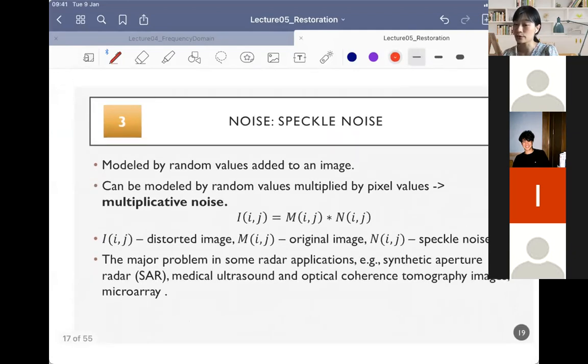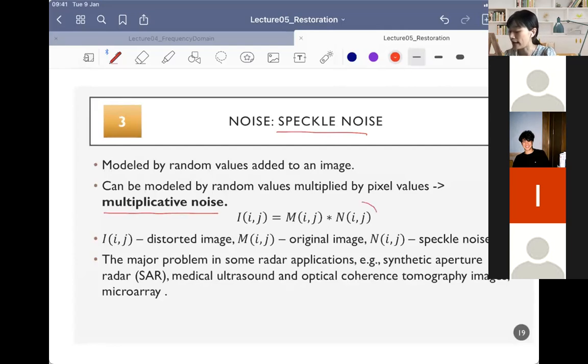And the third one is the speckle noise. The speckle noise is different from the previous noise, because in the previous noise, the image has had random noise values added to it. But for this one, instead of adding, it's actually multiplicative noise.